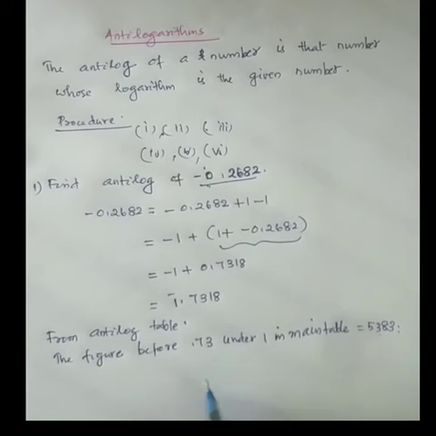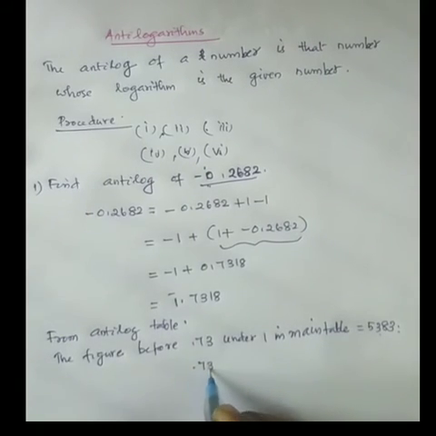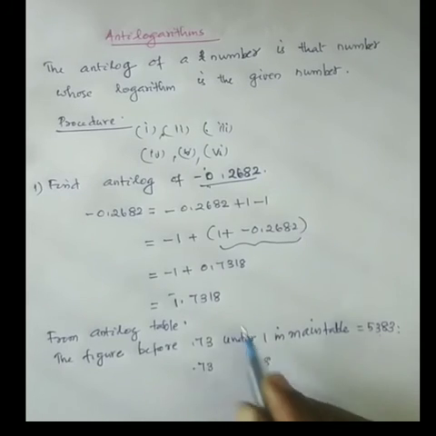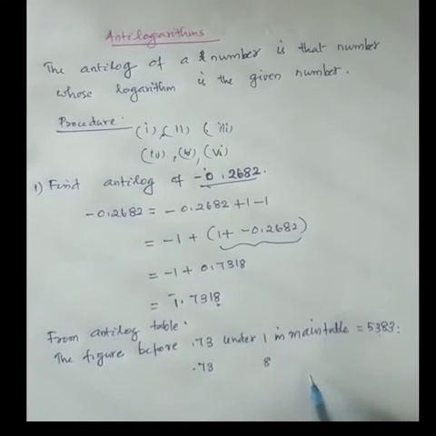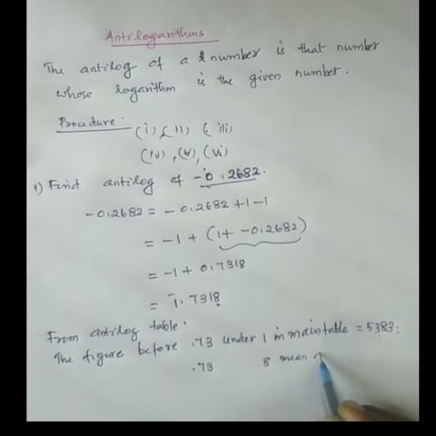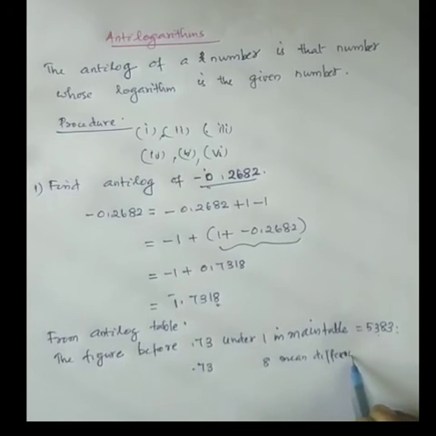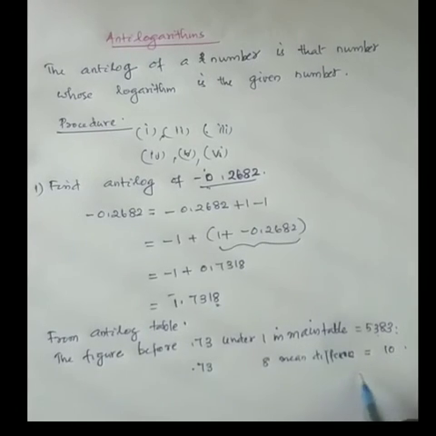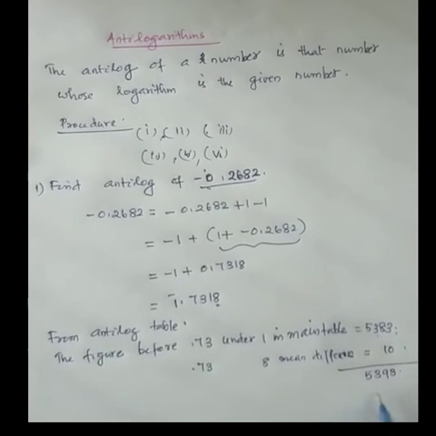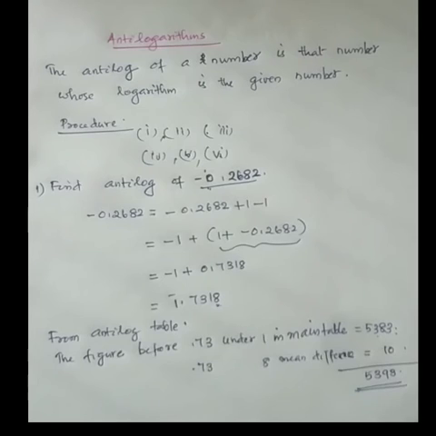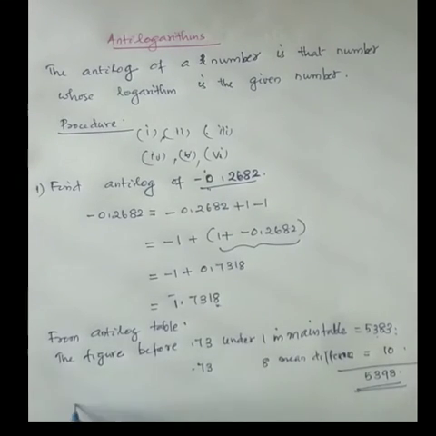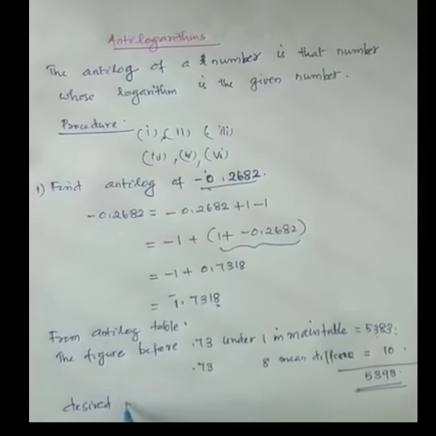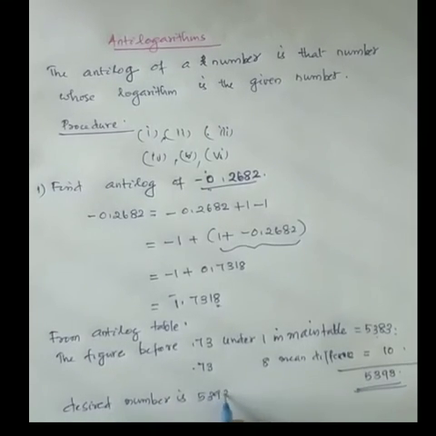The figure before 0.73 under 8 in the mean difference column, the mean difference is equal to 10. Adding, we get 5393. So the desired number is 5393.